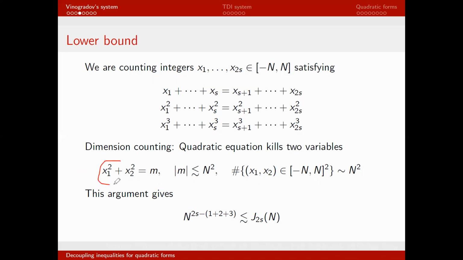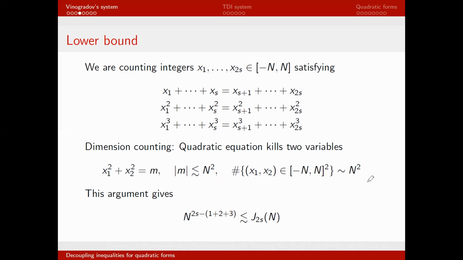I'm going to call this sum m. Then by this quadratic equation, m has the upper bound n squared. And if you count the number of pairs in this square, the number of pairs is n squared. So these 2 numbers are equal to each other.